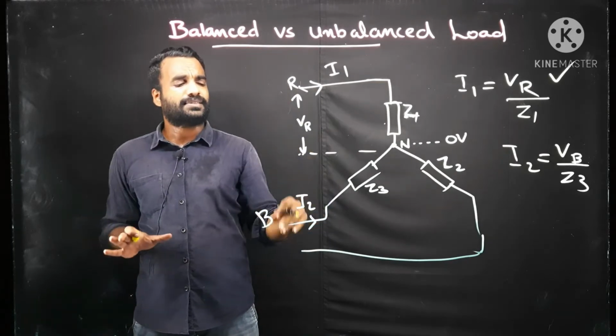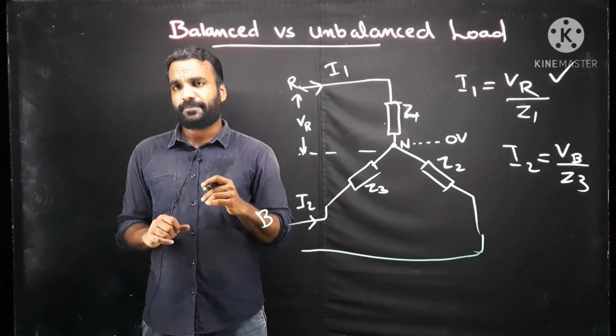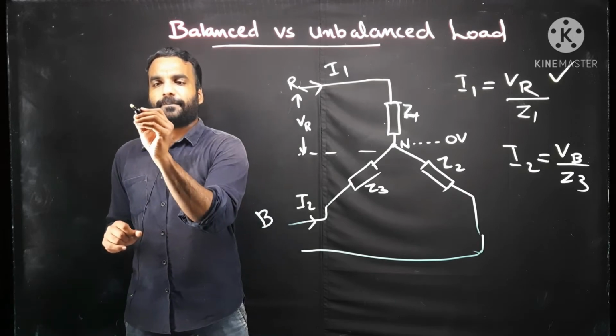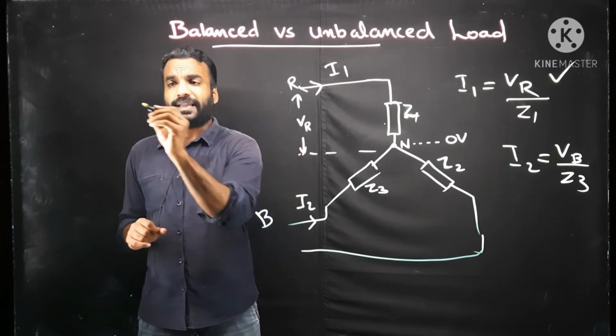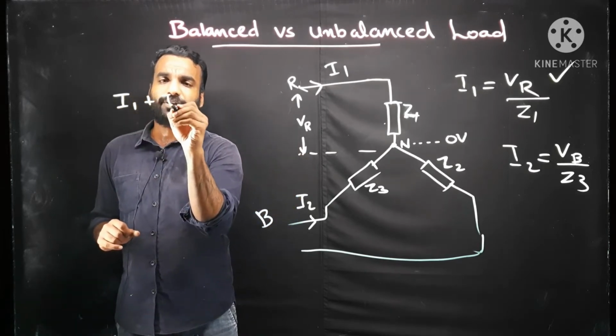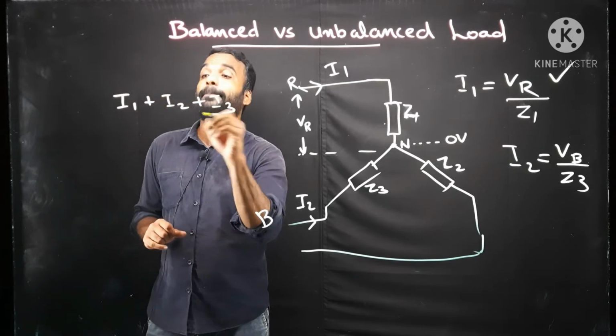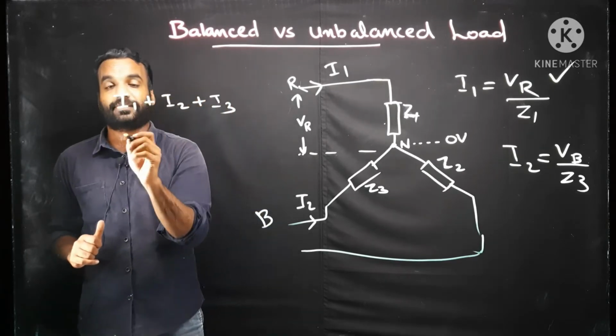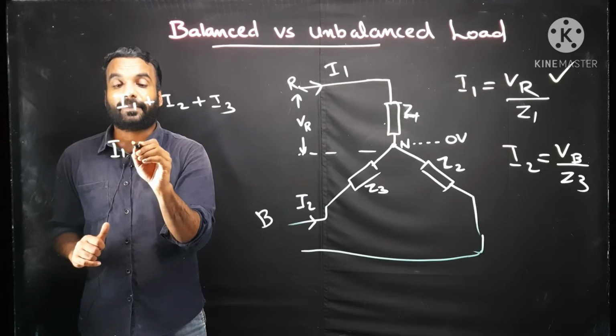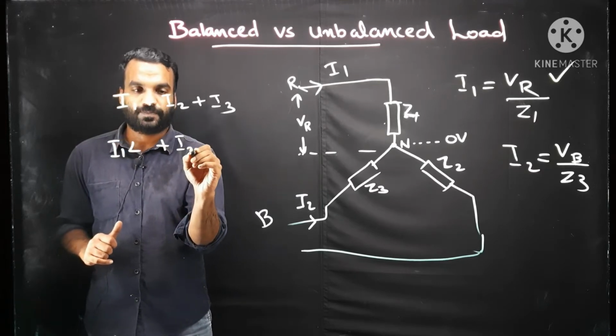If all the currents in the three branches are the same, then you can take the sum I1 plus I2 plus I3. Remember, it is not a scalar sum, the currents may have some angles also.